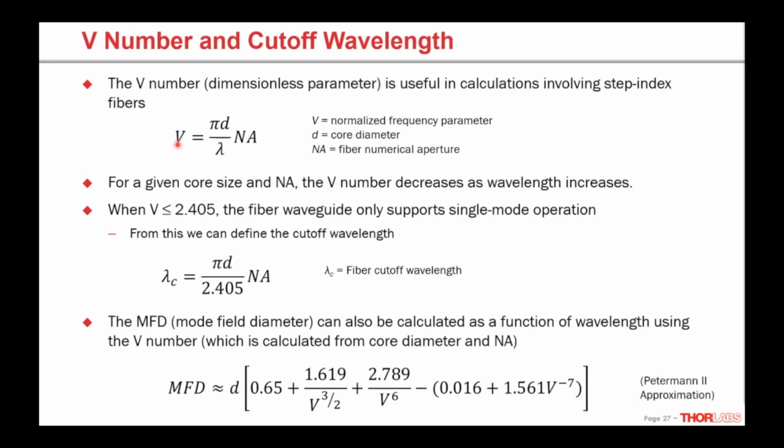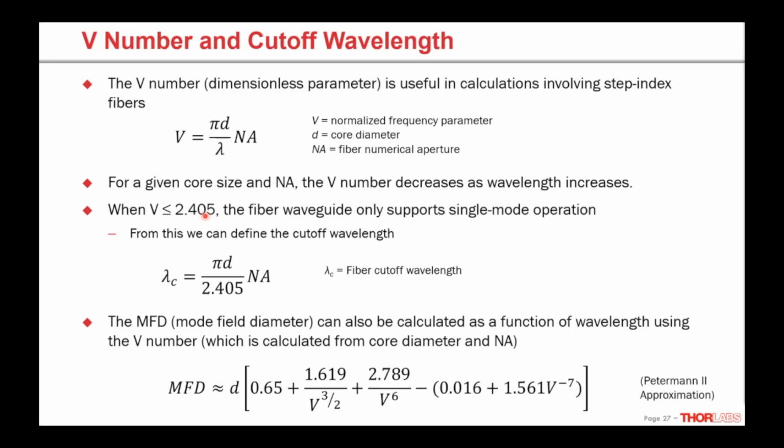As you can see, V is a function of core diameter and NA, and also wavelength. As the wavelength gets longer, the V number gets smaller. Eventually it goes below 2.405, and that's where we have single mode operation. Again, illustrating that effect where shorter wavelengths are multimode, longer wavelengths are single mode.